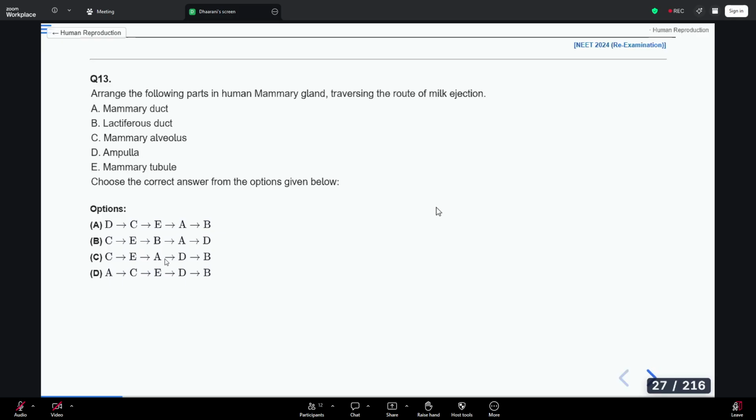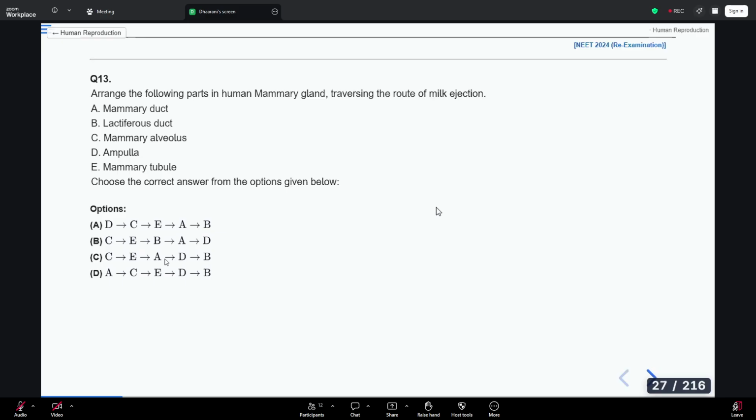Very good, Saksham. What is the hormone responsible for milk production? Very good, prolactin. Superb, guys. So milk ejection is oxytocin, milk production is prolactin. Okay, so you have given option C.